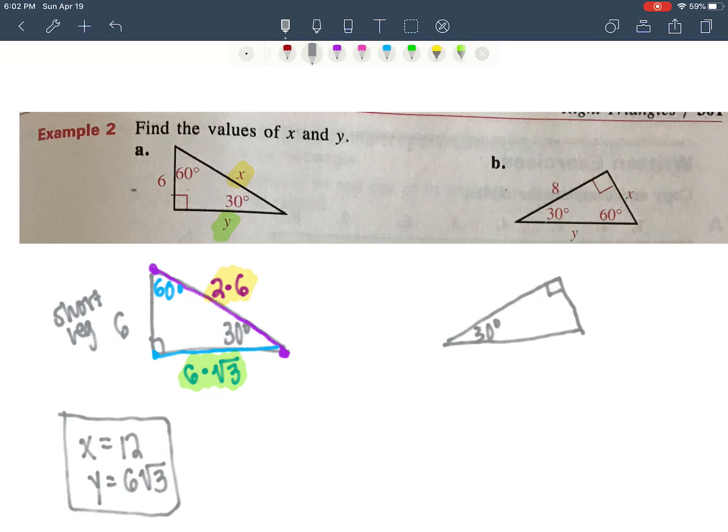So here we've got 30 degrees, we've got 60 degrees, which my triangle's a little messed up, but hopefully you're forgiving. X, Y, and 8. So this time, X is my short leg, right?